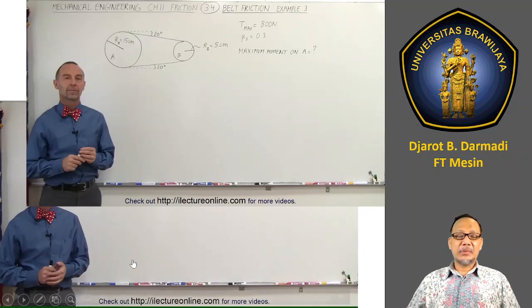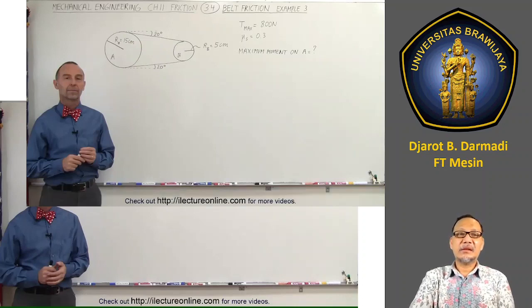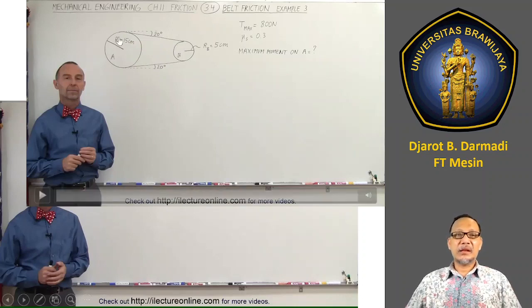Pada contoh soal berikutnya ingin dihitung maksimum momen yang bisa ditransmisikan ke pule A. Tentu ini enggak jelas putarnya, umpama putarnya ke sana, mestinya searah jarum jam misalnya, maka sini sisi kencang, sini sisi kendor yang bisa dihitung dengan rumus sebelumnya, jika diketahui koefisien geseknya sekian.